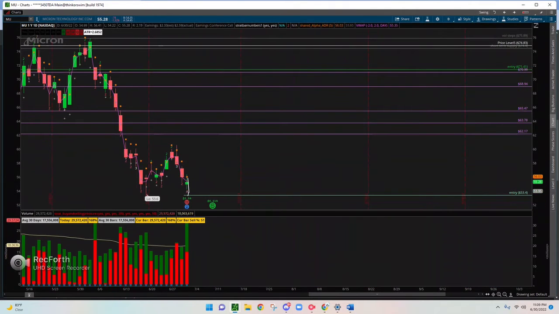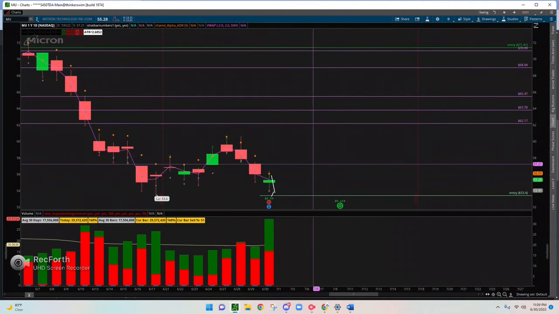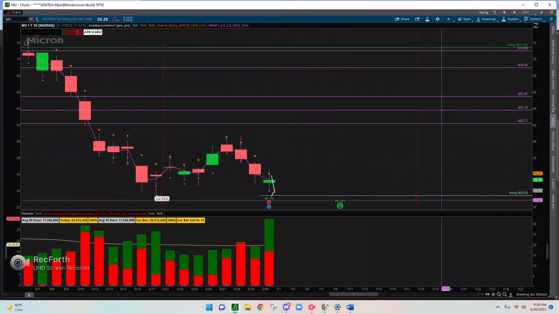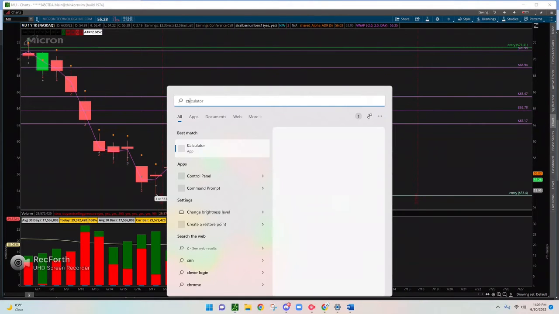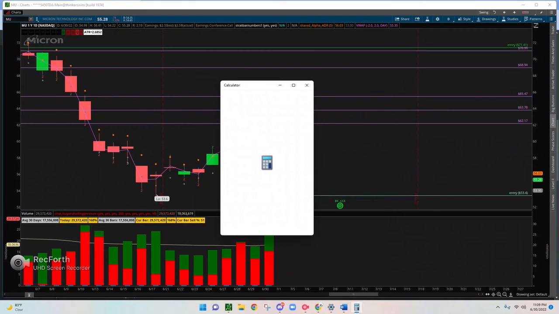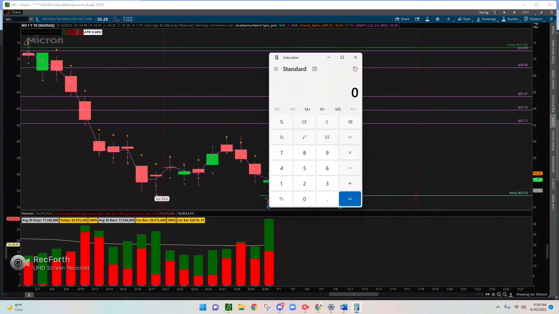We're already at this ADR. Remember, the ADR and the ATR are two different things. So if we open at 55.28, get your calculator. I actually pull it up here. You always want to target ATR. So say we open at 55.28, which is what we closed at.